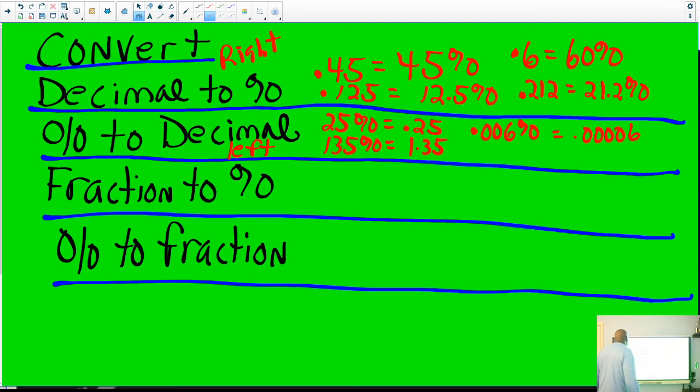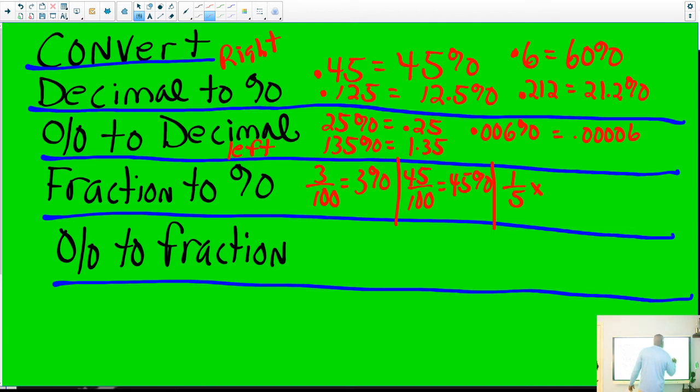Fraction to a percent. Some of it's kind of simple. If you've got 3 over 100, that is simply 3%. Or 45 over 100, that is 45%. But if you've got something like 1 over 5, you use x over 100, or n over 100, anything over 100, and solve the proportion.